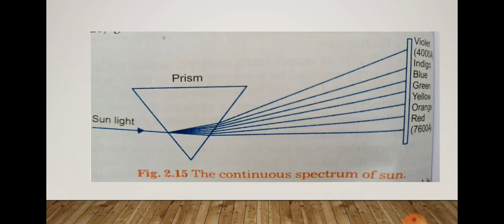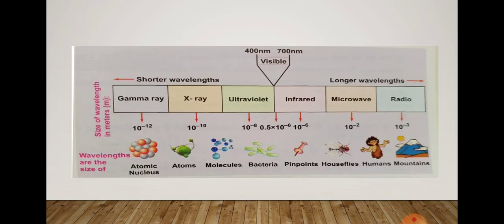Actually, the electromagnetic spectrum has many regions. For example, gamma rays, UV, visible, IR, microwave, etc. Thus, visible light is a small portion of the electromagnetic radiation.